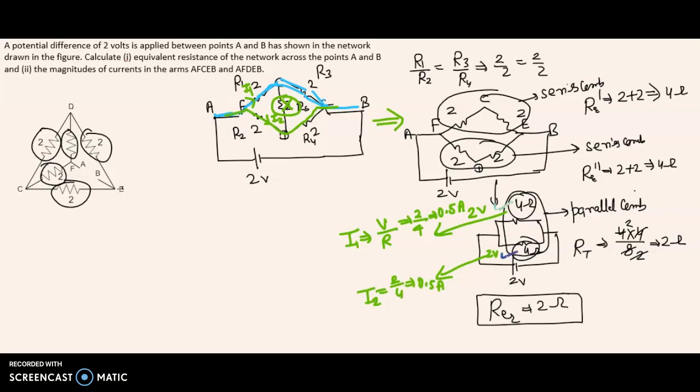So we can say the current in AFCEB is 0.5 ampere and the current in AFDEB is also 0.5 ampere.